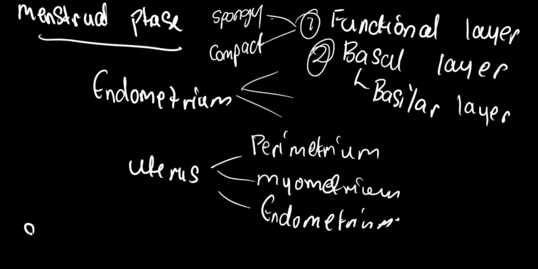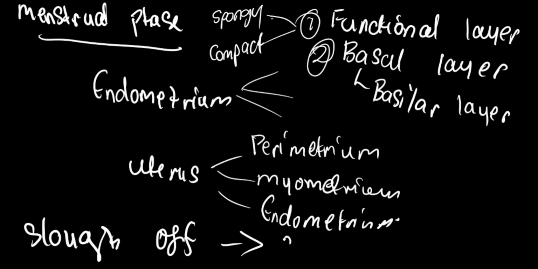Sloughs off is simply a fancy word for shed off. So the functional layer is the layer that sheds off during the menstrual phase, and it's made of the spongy and the compact layer.